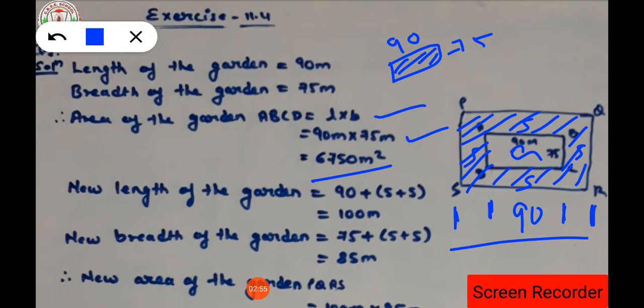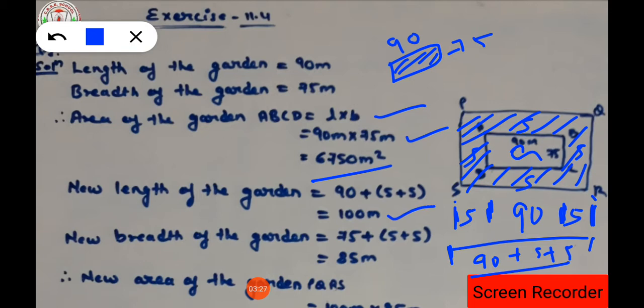Since the actual length from here to here is 90 and a 5 meter wide road is being drawn, here also a 5 meter road is there, here also a 5 meter road is there. So from S to R is the length of the garden including the road. So 90 plus 5 plus 5 will be the new length of the garden including the road. So it will be 100.